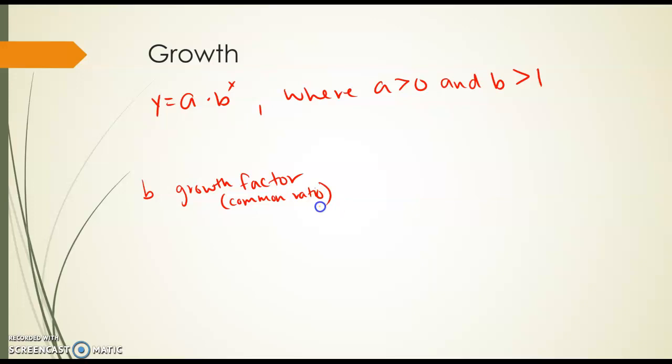All right. As a graph, an exponential growth would look like this. Again, we're not going to cross the x-axis, but we have a b that is greater than 1 and an a that is greater than 1.